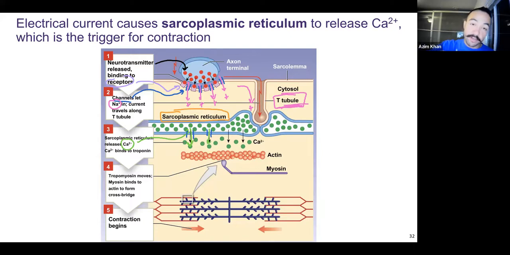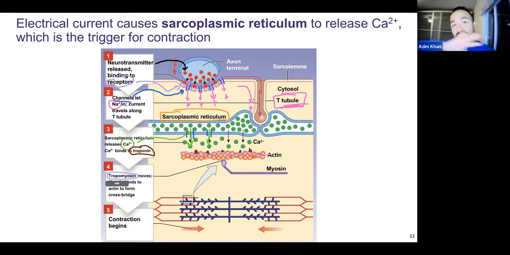Calcium binds troponin, which isn't shown here. Let's color in troponin. And then tropomyosin is also along the thin filament.